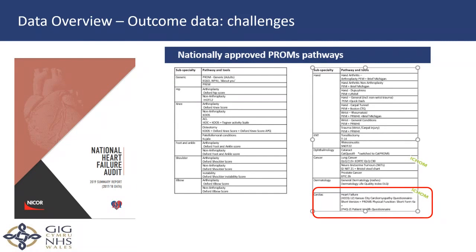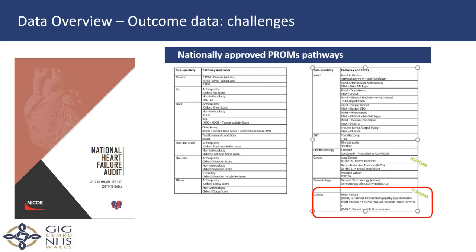So for those of you who don't know, PROMs are questionnaires that have been designed and tested with patients and clinicians for specific diseases such as heart failure. So these represent the patient reported outcomes that we are hoping to include. They look for changes in patients' health pre and post treatment and over time to understand quality of life. So there's nationally agreed validated PROM tools for heart failure.